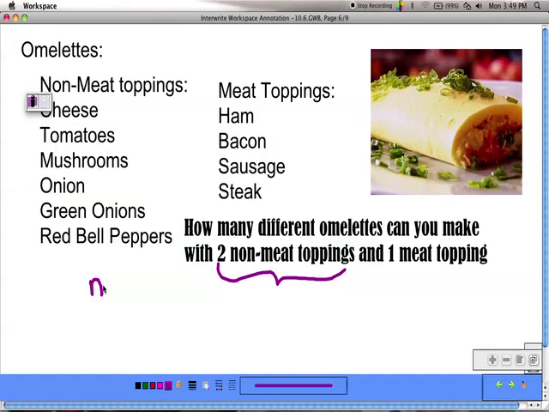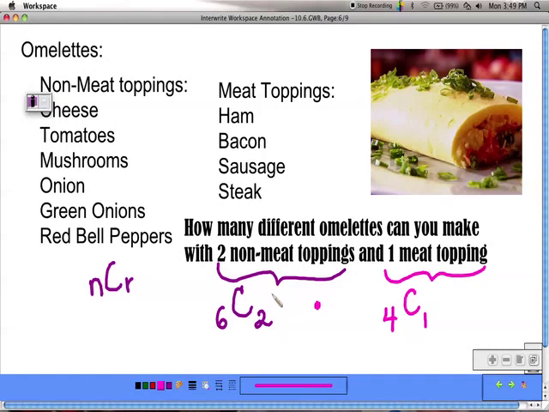So if we're looking at nCr, it's a combination. Again, it doesn't matter what order you pick the toppings. So there's 6 total, and we're choosing 2 for your non-meat toppings. And then with our meat topping here, there's 4, and we're choosing 1. And then we're going to multiply these together.